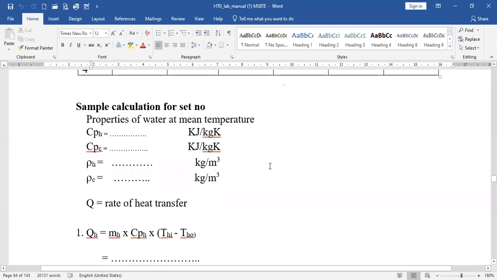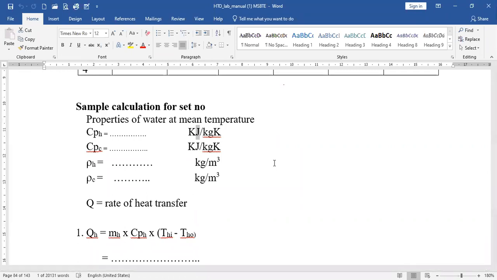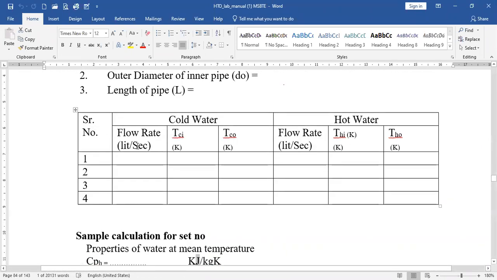Then for the sample calculations for the co-current set, we must know the properties of water at mean temperature, that is the specific heat of hot fluid and specific heat of cold fluid, in terms of kilojoules per kg. So here the specific heat is in terms of joules, and the rate of heat transfer, or the heat flux, is in terms of joules per second, and that is why we have to convert this LPH or LPM into LPS.